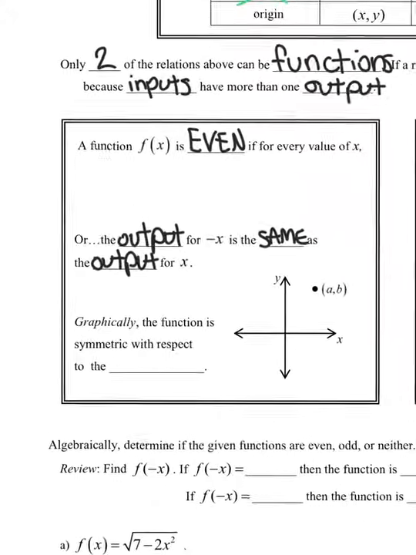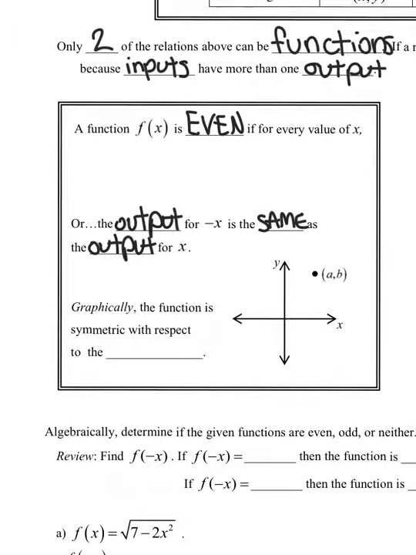The first one I'm going to talk about is a graph that is symmetric with respect to the y-axis. A graph that is symmetric with respect to the y-axis is called an even function. That means the output for negative x is the same as the output for x.